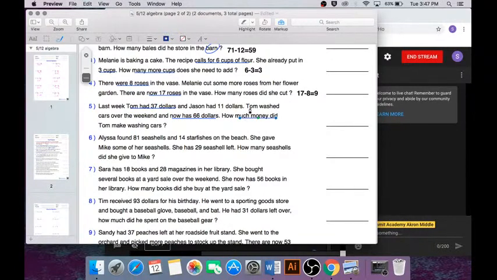We don't care about Jason because Jason's not part of our question. So he has $66 and you take away the $37 he started with. 66 minus 37 is 29. So he earned $29 washing cars.